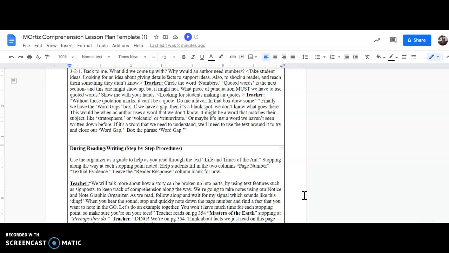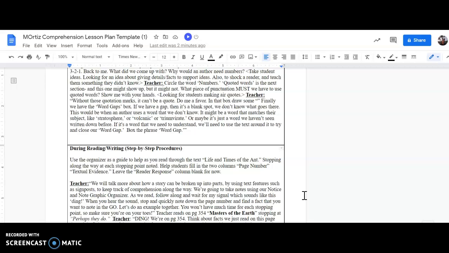When you hear that sound, stop and quickly note down the page number where we found it, and the fact. Find a fact anywhere on that page that seems like it'll stand out and go into one of our categories, in our notice and note graphic organizer.